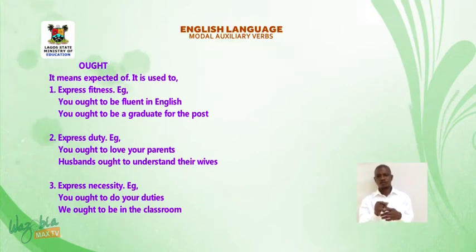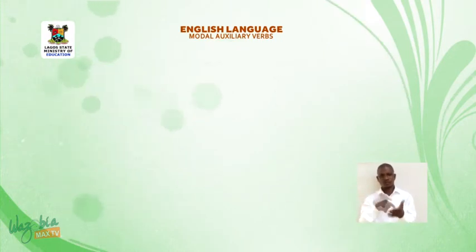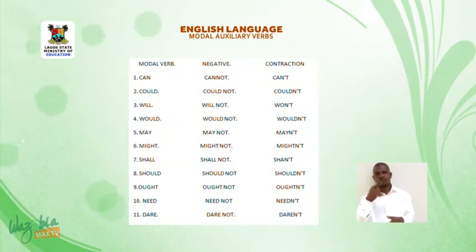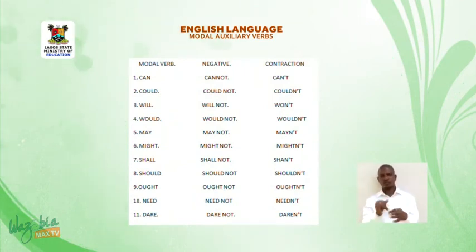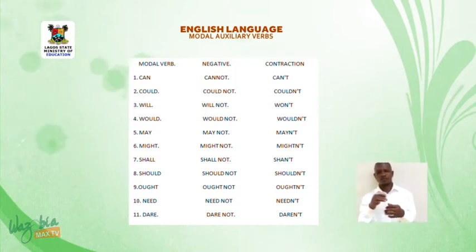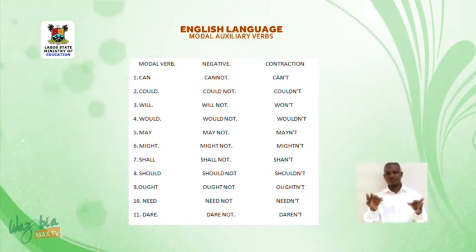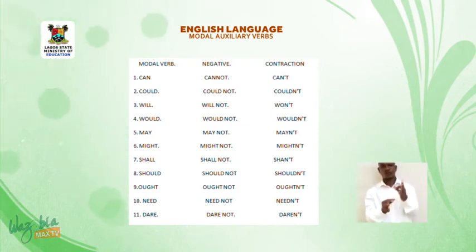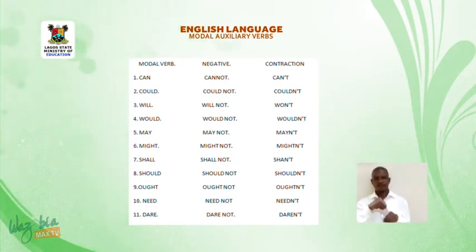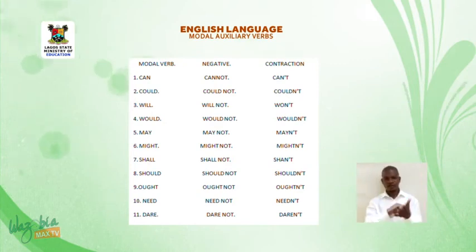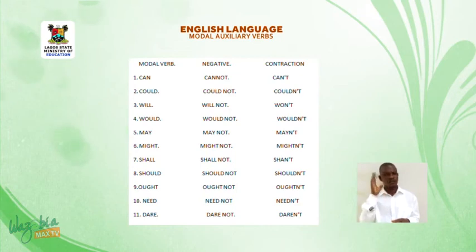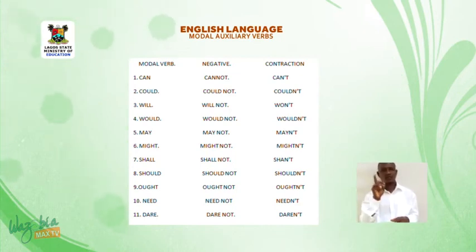Now, students, let us look at this table. This table indicates the verb, the negative form, and the contraction form. That means: 1. If I have can, the negative is cannot. The contraction is can't. 2. Could, could not, couldn't. Will not, won't.